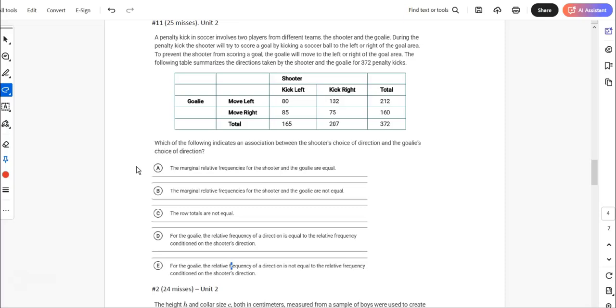Which of the following indicates an association between the shooter's choice of direction and the goalie's choice of direction? So marginal relative frequencies means the margin at the end. So at the end, for the shooter and the goalie are equal. Let's just try that.